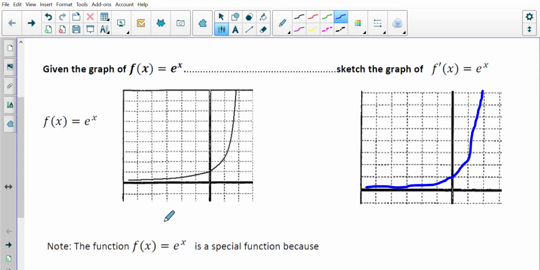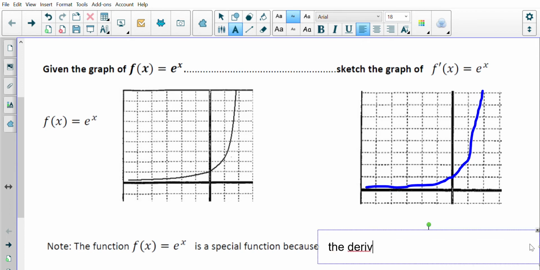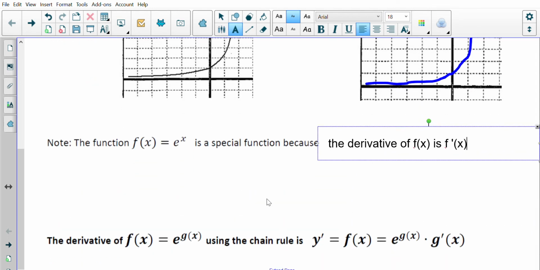Now, again, why we're going through this function is that the graph of f of x is equal to e to the power of x is a special function because the derivative of f of x is f prime of x. The derivative of the function is the function.